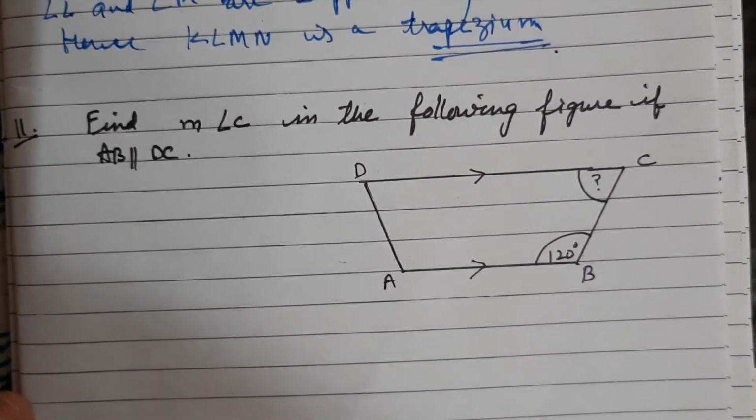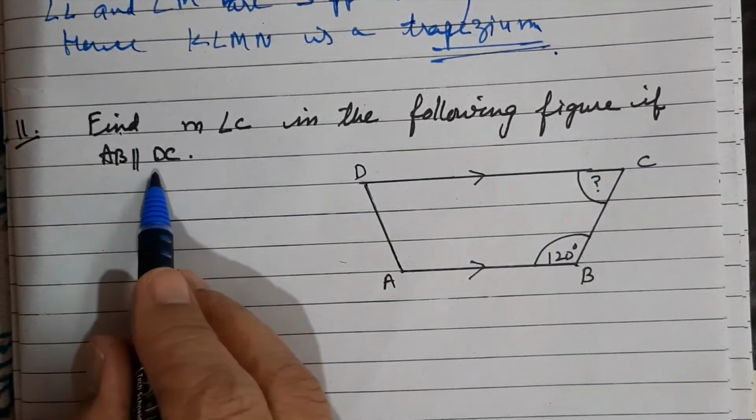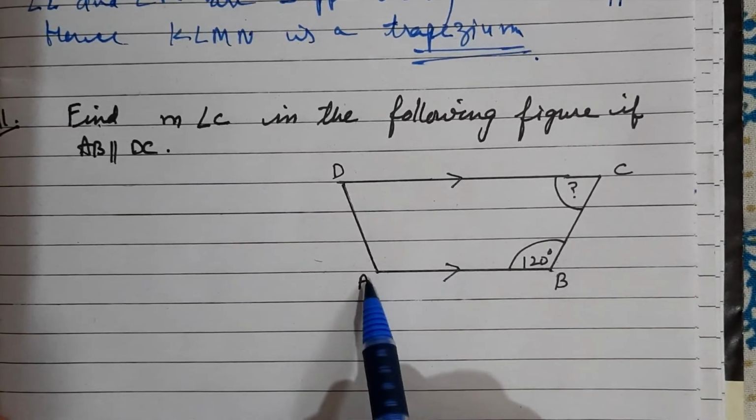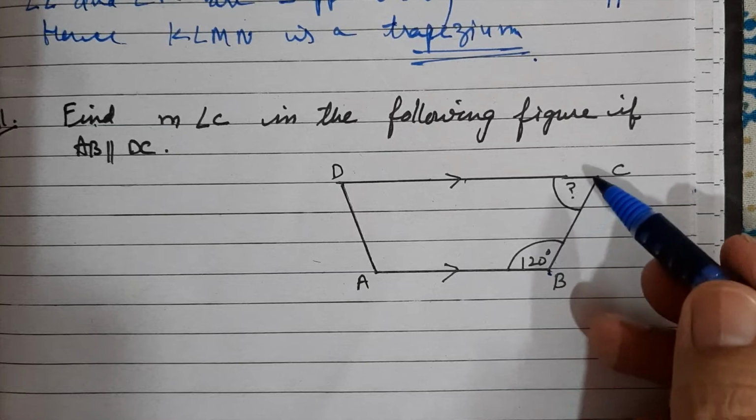Now in the next question, number 11, find the measure of angle C in the following figure if AB is parallel to DC. Now figure ABCD is given. AB is parallel to DC. Angle B is 120 degrees.